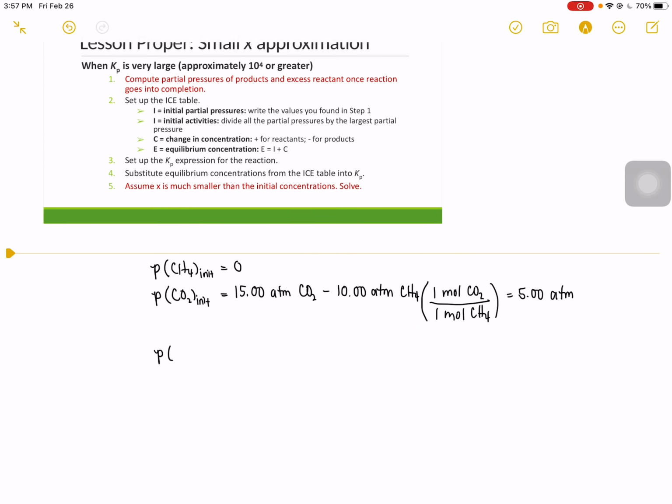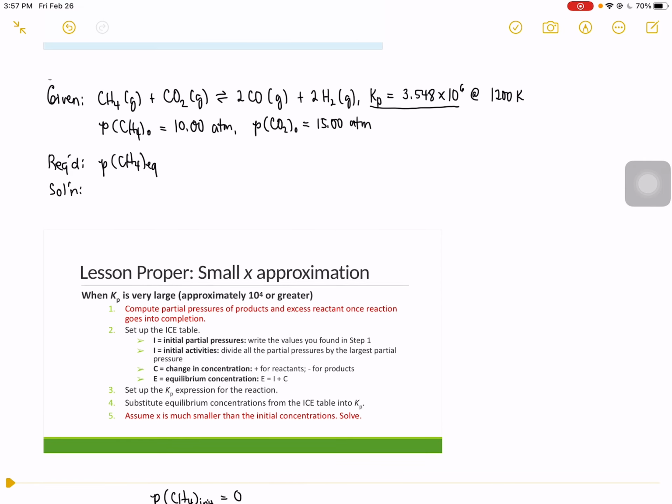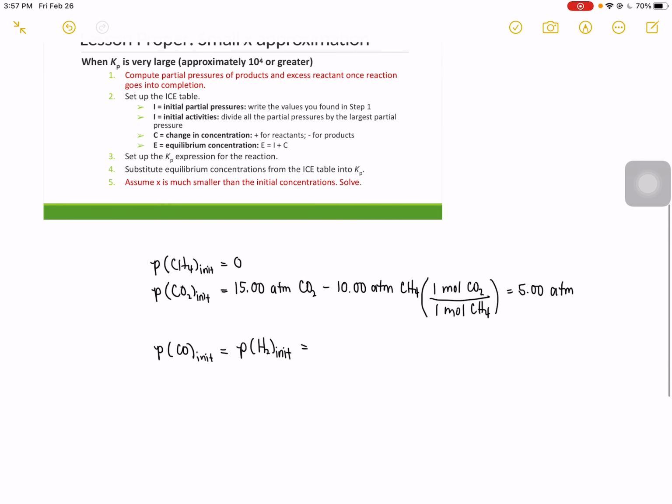Initially, both of these have a partial pressure of 0, but as our methane is being consumed, it is being converted into carbon monoxide and also hydrogen, which turns out to be equal to one another since the coefficients of carbon monoxide and hydrogen are the same, so that we have its partial pressure, which is the following. So that is equal to 20 atmospheres.